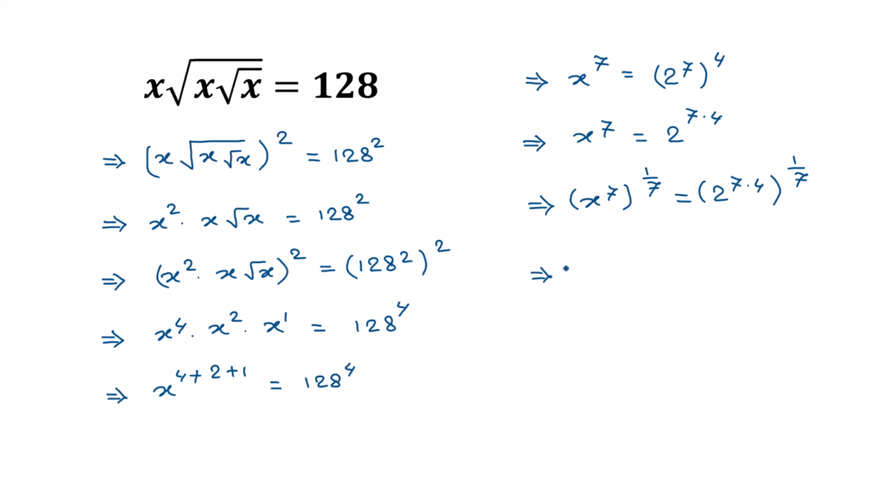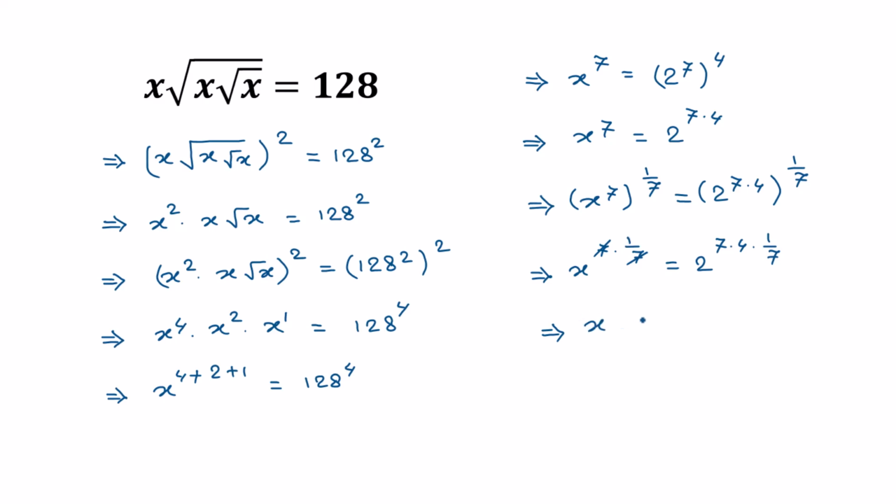Or this x to the power, this will be 7 times 1 over 7, is equal to 2 to the power of 7 times 4 times 1 over 7. Or this 7 and this 7 will cancel and it will be x to the power 1.